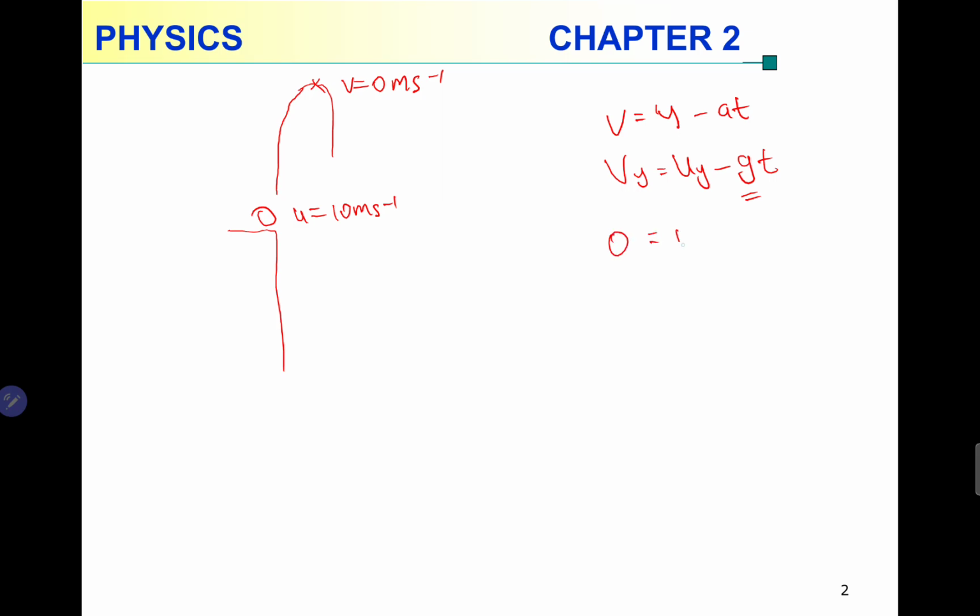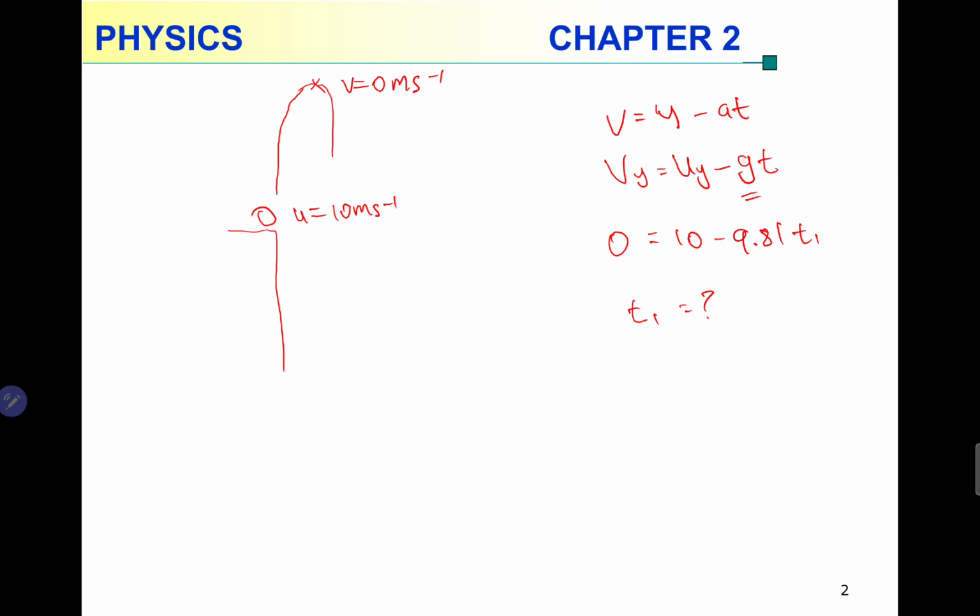So 0 equals 10 minus 9.81 T. From here we can determine the time taken, let's call it T1. Once you have the value of T, you can use it to determine the maximum height.